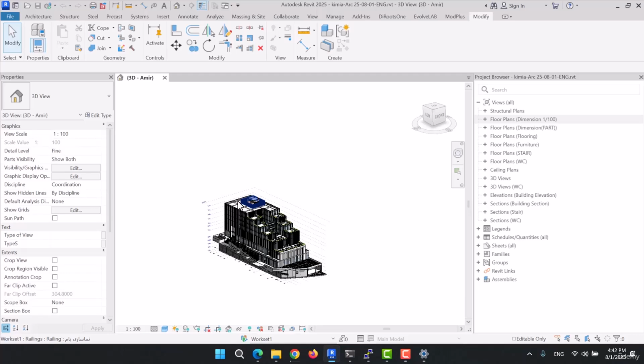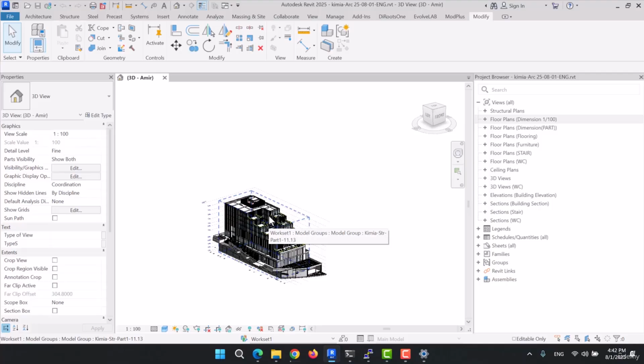That plan with that scale cannot be placed on a sheet whose size a firm has announced. For example, the plan of the first layer of this project, at a scale of 1 to 50, cannot be placed on a sheet of, for example, A1 or A3. Well, that sheet size is now announced to you.